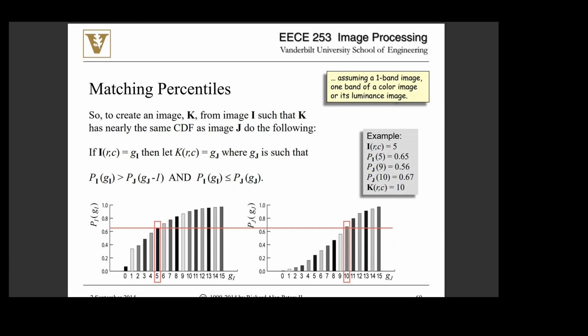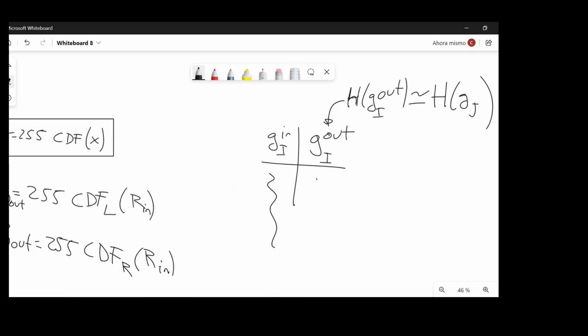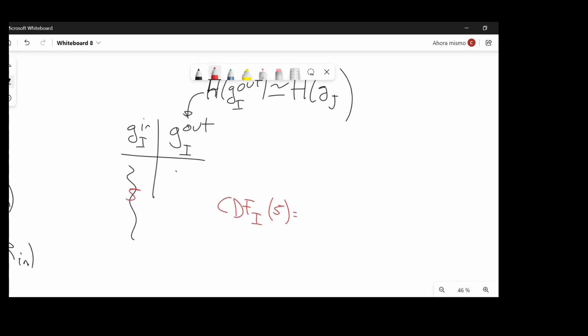So the CDF in the input image I of 5 is equal to the probability of a pixel from the input image I being smaller or equal to 5. This is the definition of CDF.